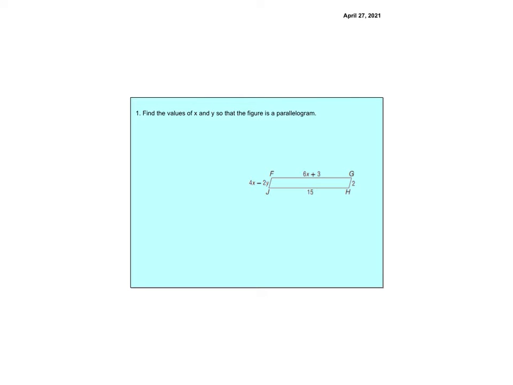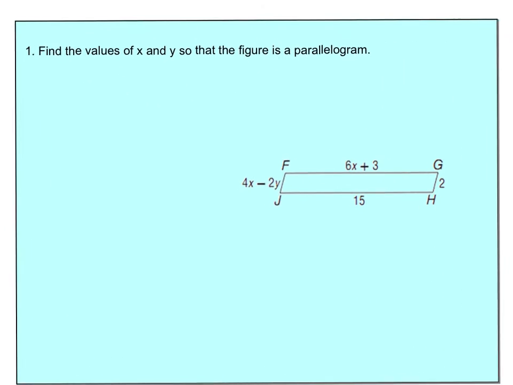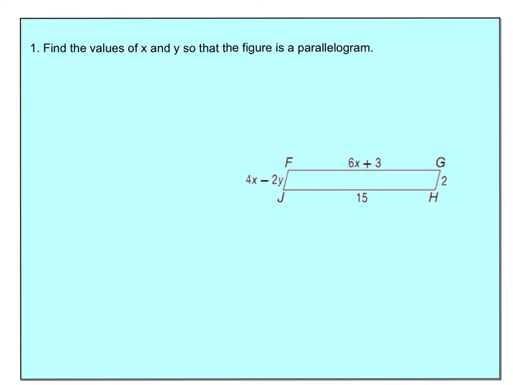So if we look here, if this is going to be a parallelogram, then you're going to have to say 6x plus 3 is going to have to equal 15. 4x minus 2y is going to have to equal 2. Which isn't too bad.